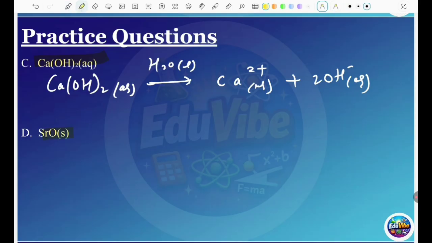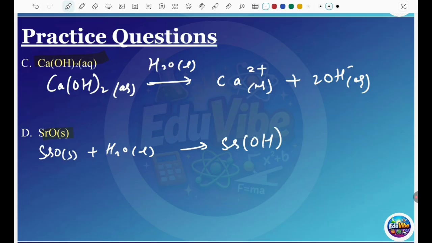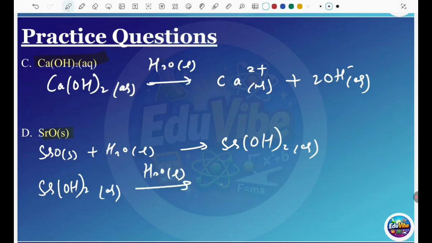For SrO solid, you will do two equations. Firstly, you go with the water and you will become Sr(OH)2, a simple equation. Now you do the dissociation of this in presence of water. You will get Sr2+ aqueous plus 2OH- aqueous.